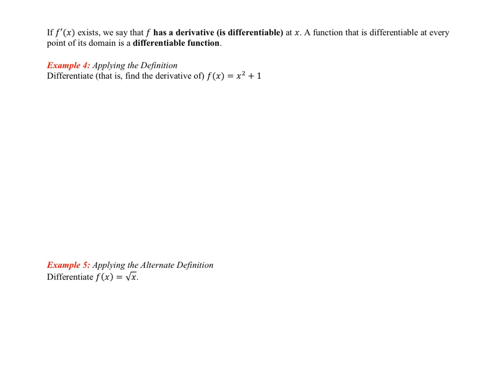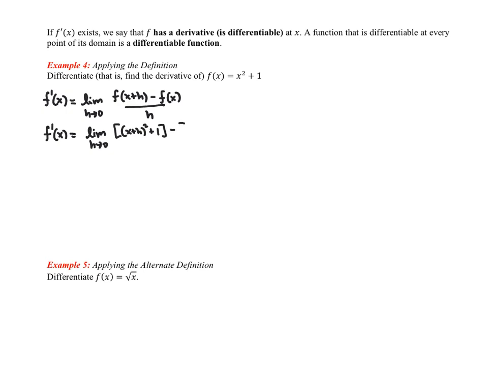Okay, so we know that by definition, the derivative function is equal to the limit as h approaches 0 of f of x plus h minus f of x all over h. All right, so our derivative will be equal to the limit as h approaches 0. f of x plus h will be x plus h quantity squared plus 1 minus f of x, which is x squared plus 1, all over h.